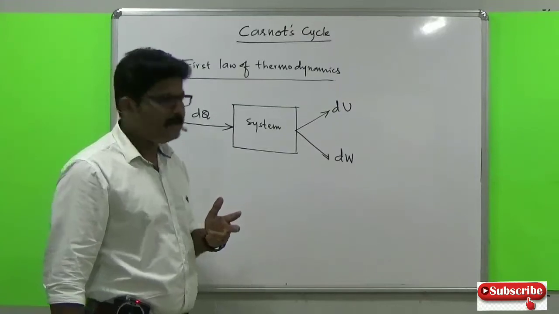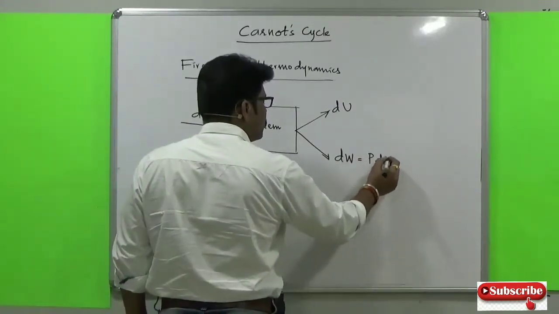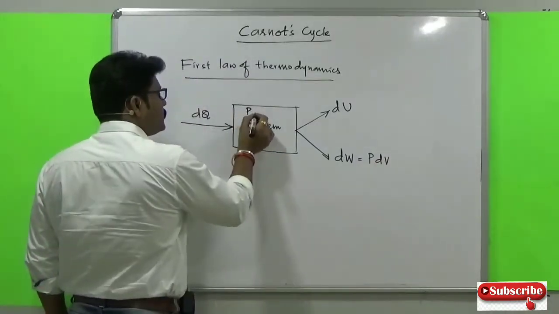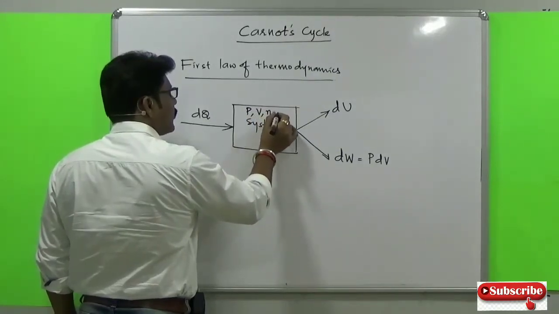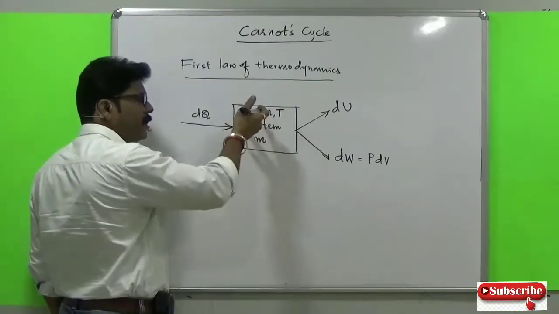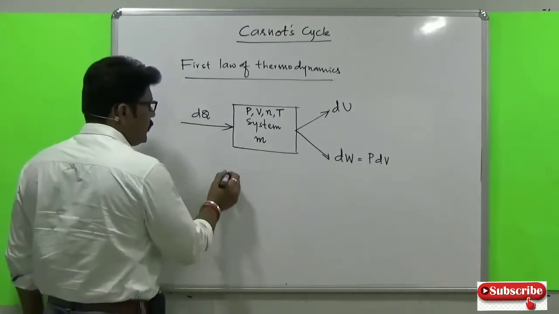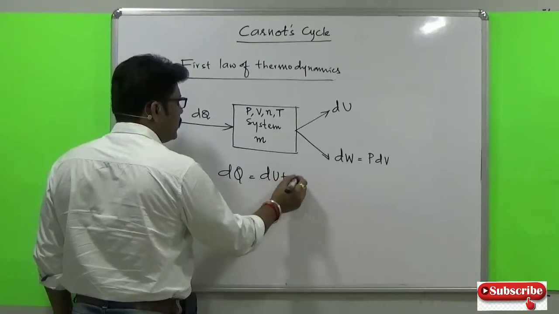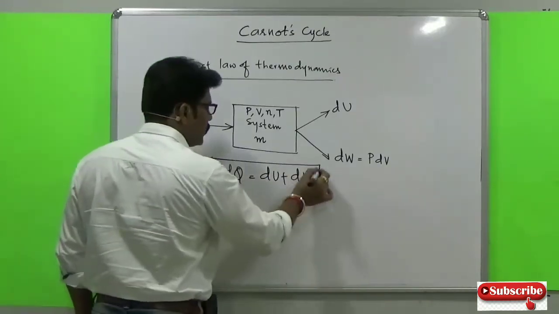So dq can be written as du plus dw. This is what the first law of thermodynamics is.